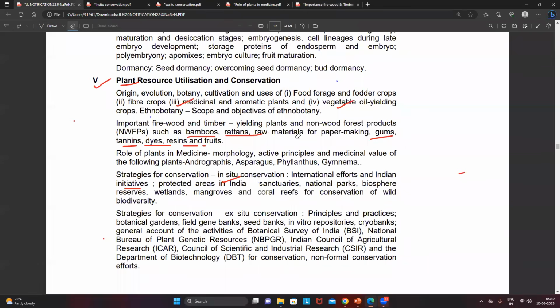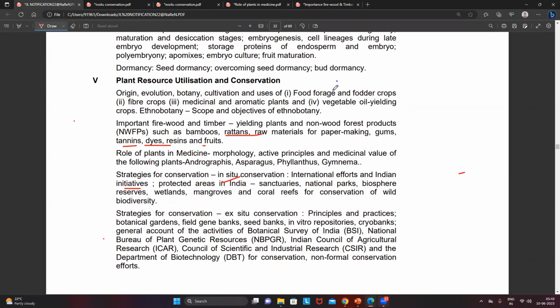Then next one, in the first subunit, what they have given: origin, evolution, botany, cultivation, and uses of. Here they did not give any plant. They did not mention any plant name at all, not even one.